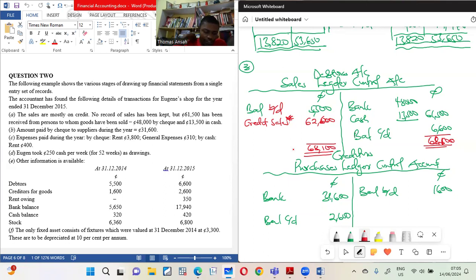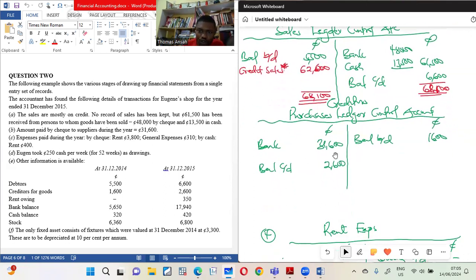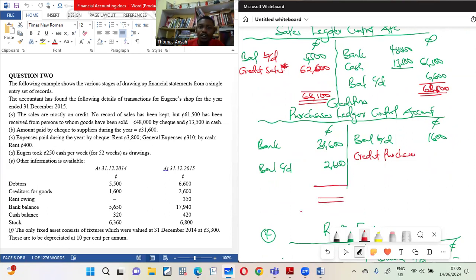Now let's move on to the next thing to do. So here, the same thing. What do you do? You take your balances and the difference will also be what? Credit purchases. So what are our figures here? All right. So the figure here will be, I think, 33,200, right? 31,600 plus 2,600, 34,200.